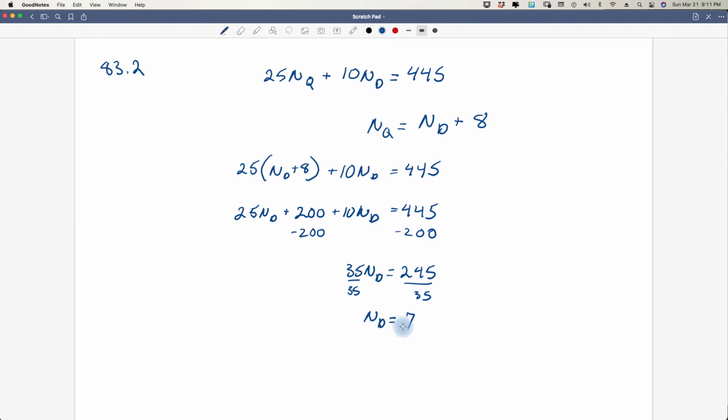Now we can sub that back in, and we know that the number of quarters equals 7 plus 8. So the number of quarters is going to be 15. Easy peasy. It's all about listening to your word problem and being able to write an equation based on your word problem. Let's try example 83.3.